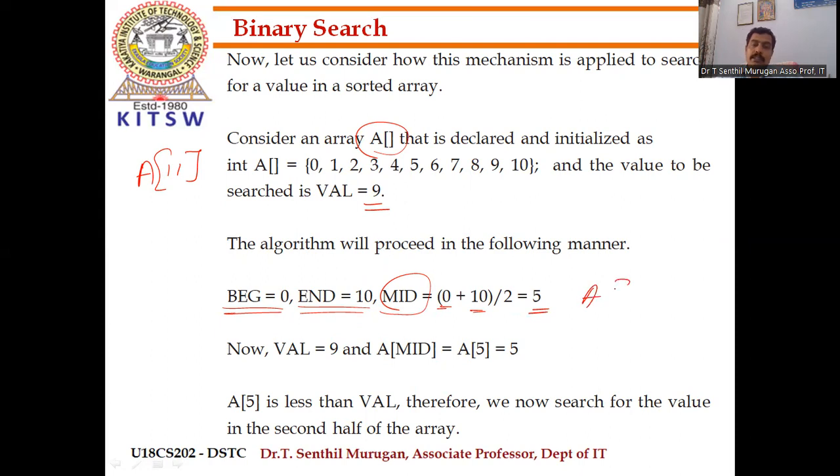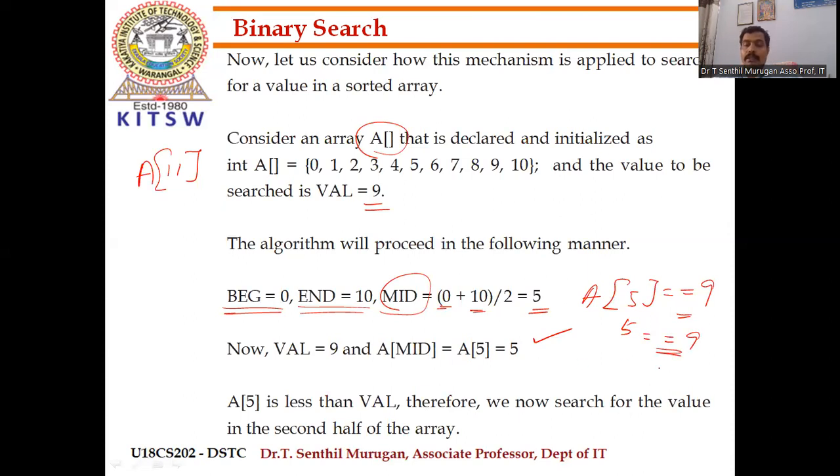Then we check whether A of 5 is equal to the value. The value is 9. What is A of 5? Counting A of 0, 1, 2, 3, 4, 5, A of 5 is 5. So 5 is not equal to 9.